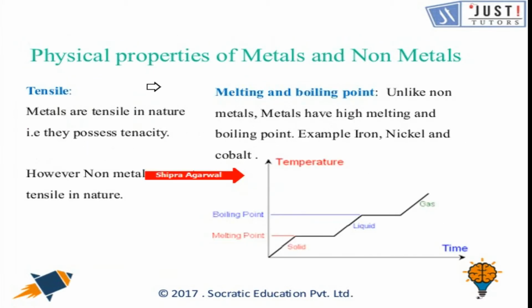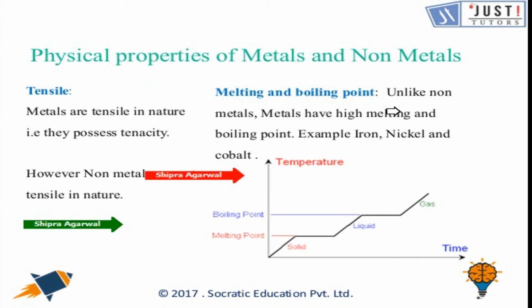Now, as we are done with so many physical properties, the next one is tensile strength. Tensile strength is the capacity of a material or a structure to withstand loads tending to elongate. Metals are really tensile in nature, and non-metals are generally not tensile in nature.